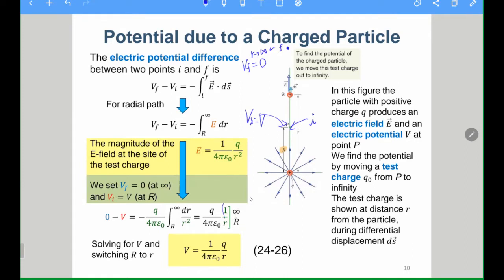So this becomes 1 over infinity minus 1 over capital R, which is -1 over capital R. So this negative sign and this negative sign cancel. Finally, we have V equals 1 over 4 pi epsilon naught times Q over R. Actually, the dummy variable here is capital R, but generally we will just replace capital R by small r, so the expression looks like this.